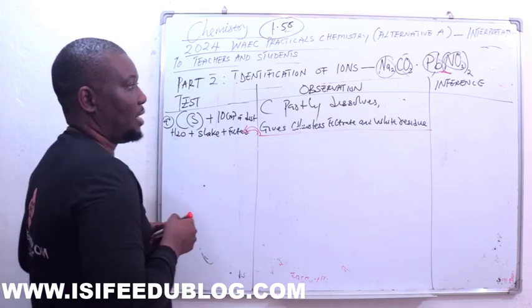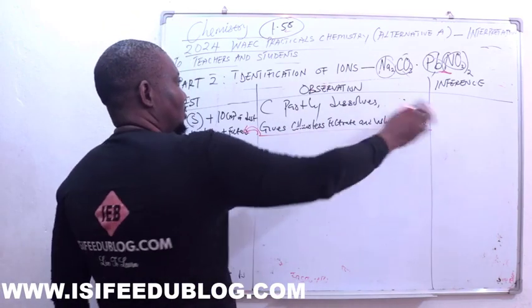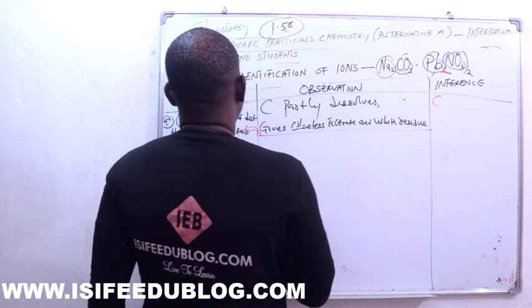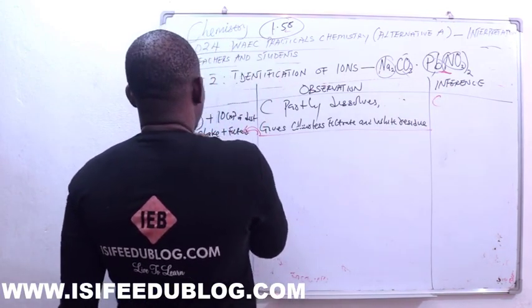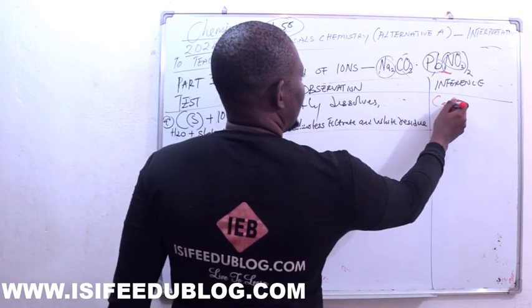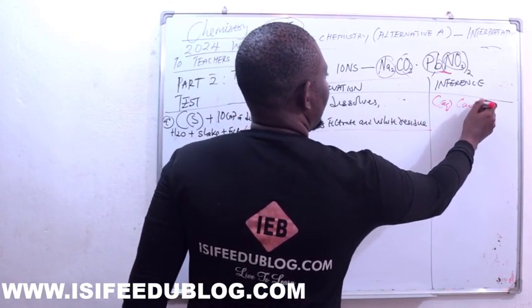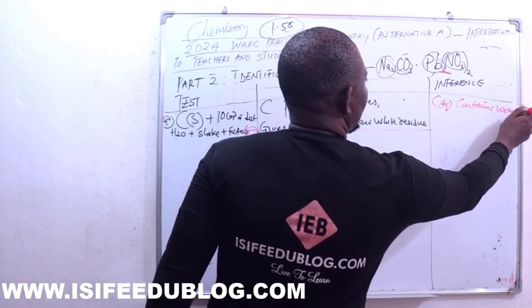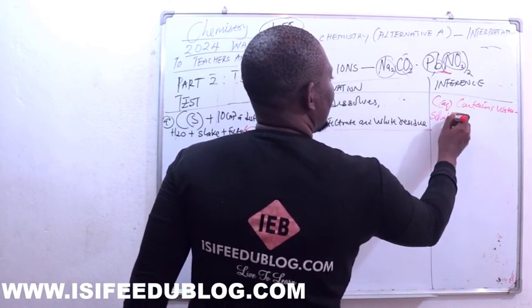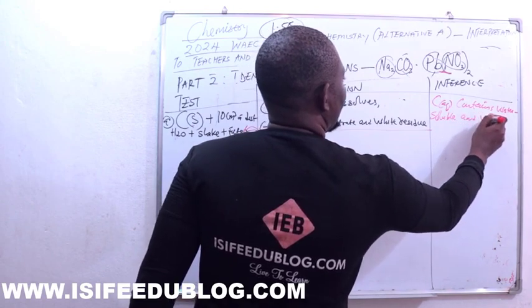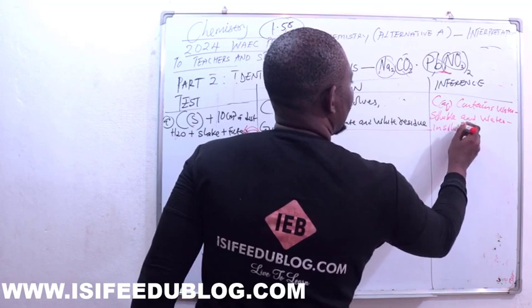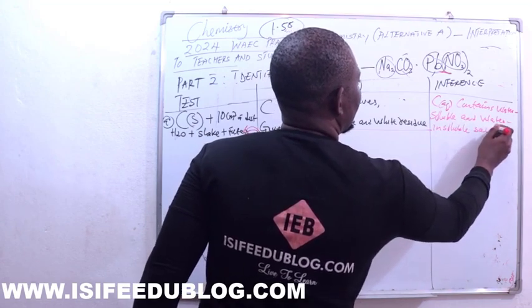So as my inference, you now say C in solution, C aqueous, contains water soluble salts, and because it partly dissolves in water, insoluble salts.